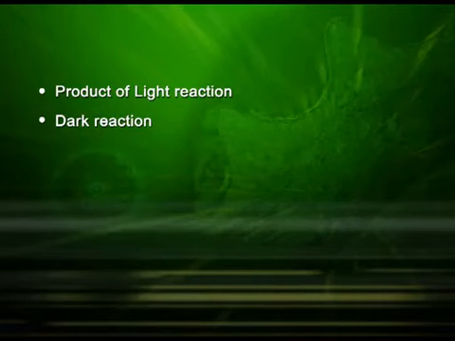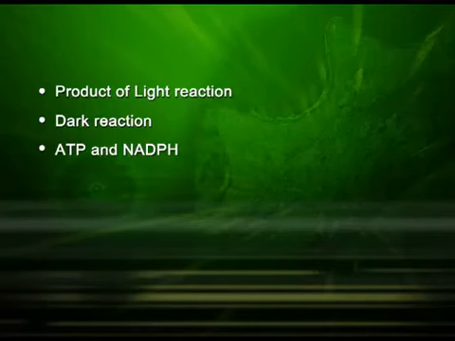It takes place in the presence of the products of the light reaction, ATP and NADPH. So light is even responsible for the dark reaction because the product of the light reaction is utilized in the dark reaction. It is only called the dark reaction, but it is also dependent on the light reaction.